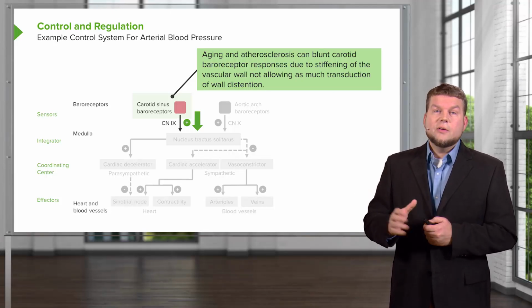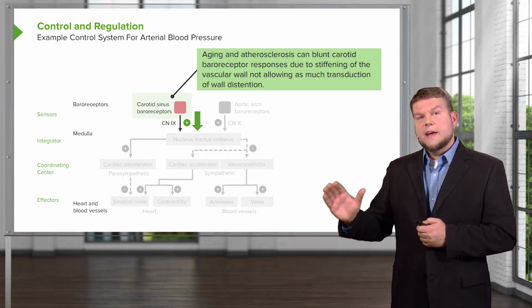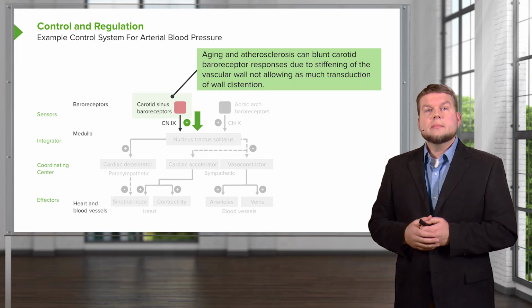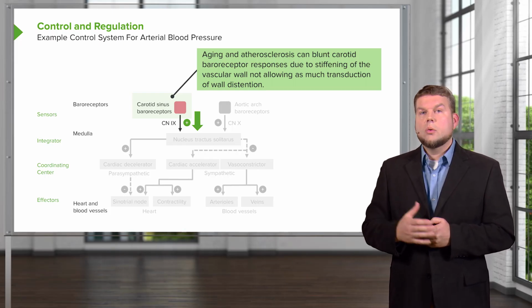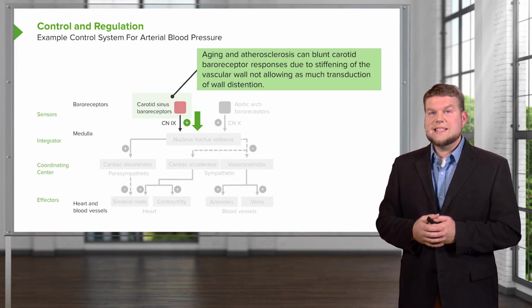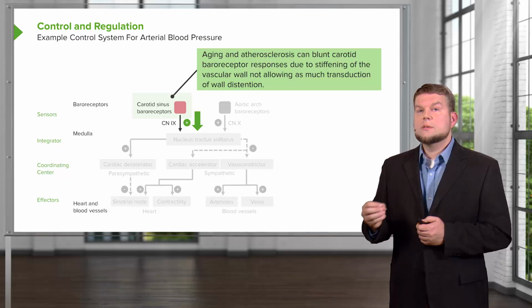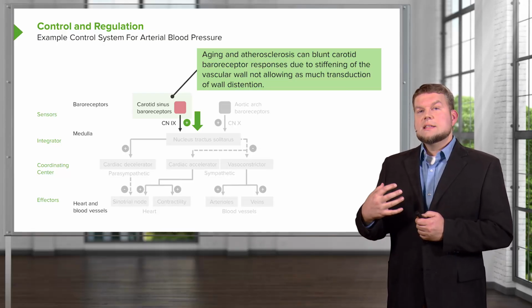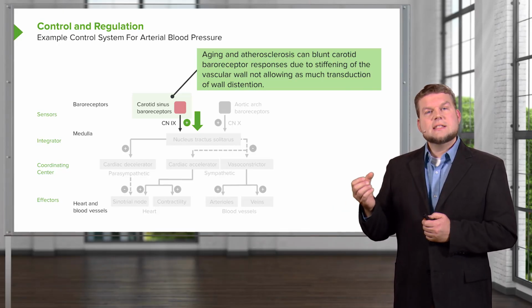Now, there are pathophysiology examples that we can think of that will affect these regulated loops. One of the ones that I'll just point out is atherosclerosis, or another component that we could think of is aging, because both of these can blunt baroreceptor responses because they change the vessel walls in such ways that the vessel walls are stiffer.